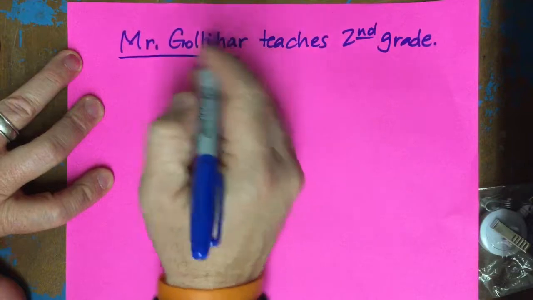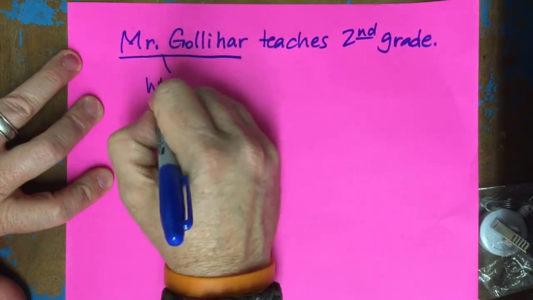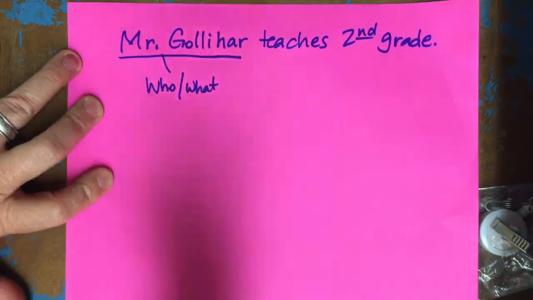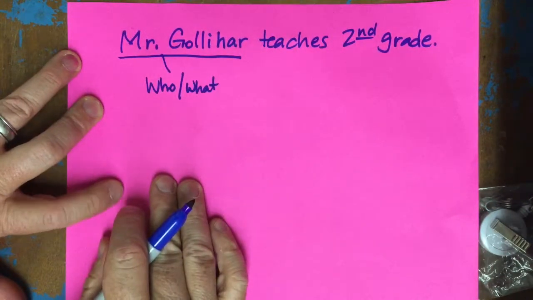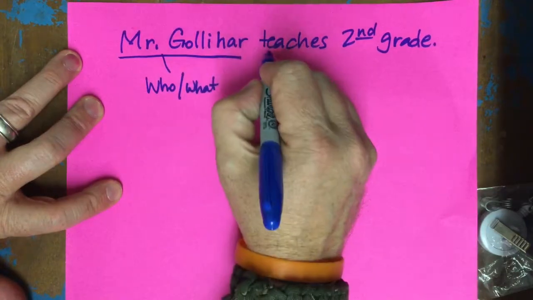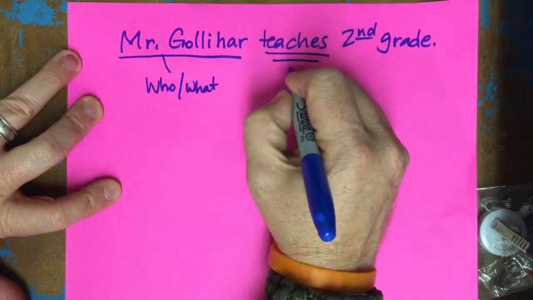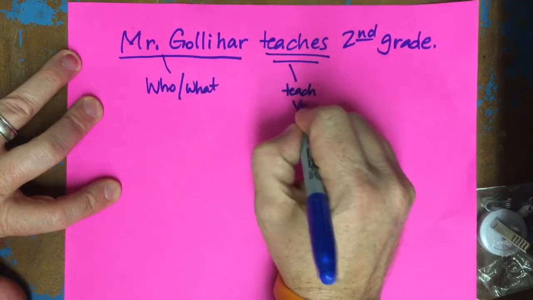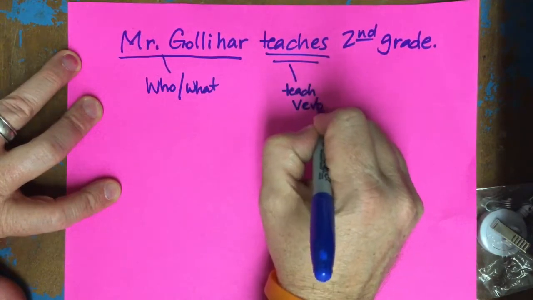The subject always tells who or what is doing the action in a sentence. So in this case, Mr. Galahar is the subject, and the verb would be teaches. What is the action that I do? I teach. So that is a verb.